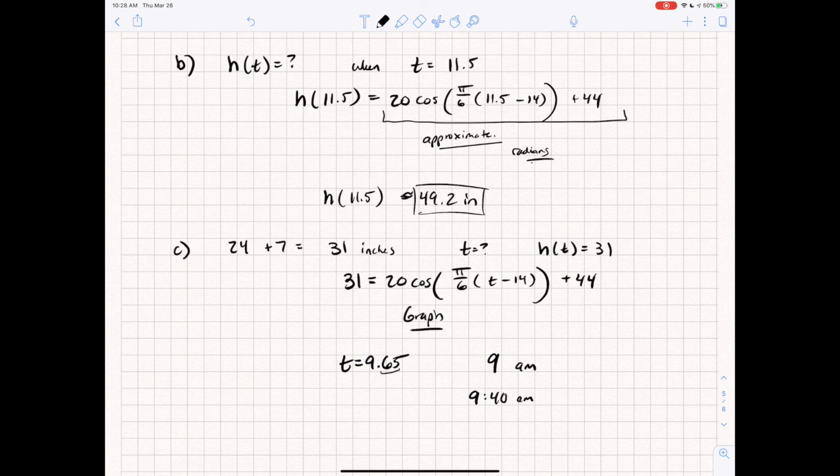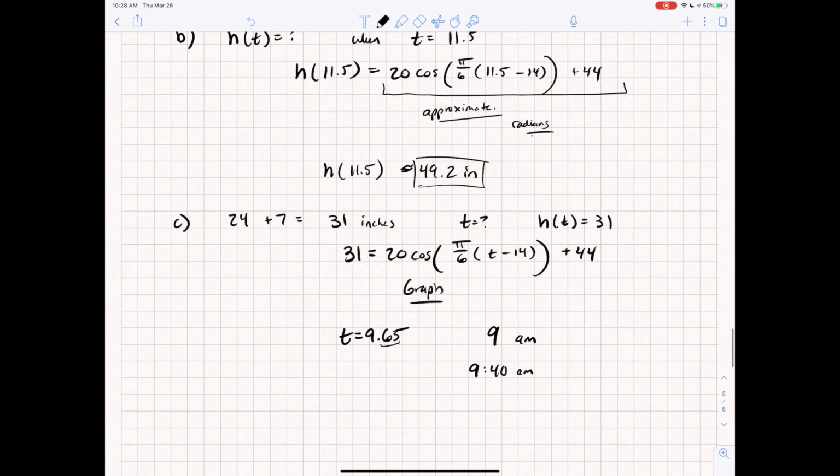Well, how could I figure out what this would be exactly? Well, I can take that 0.65 and multiply that by 60 minutes, because essentially I'm finding what is 65% of 60.